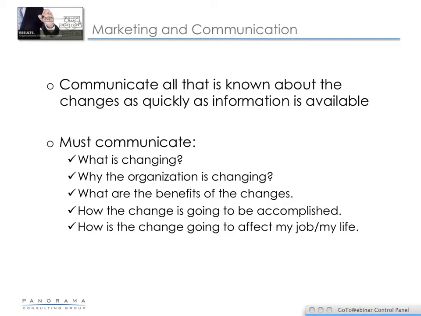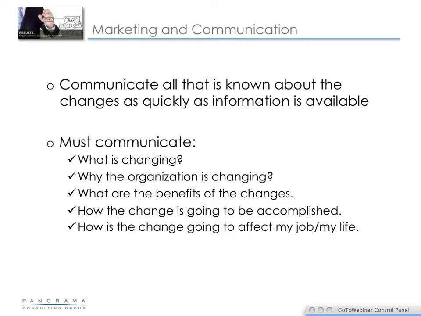You also need to communicate all that's known and as quickly as the information is available. Really, a lot of this has to do with the fact that you want to make sure that your rumor mill is managed. So often there will be information and you hold back from actually getting it publicized, and you're going to have rumor problems if you don't communicate as quickly as possible.